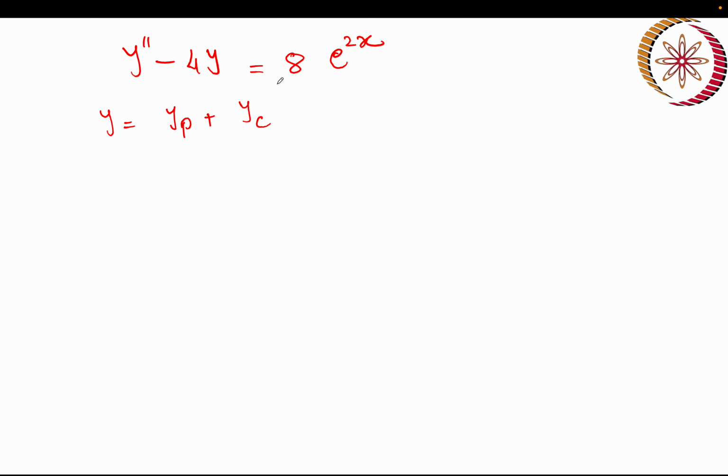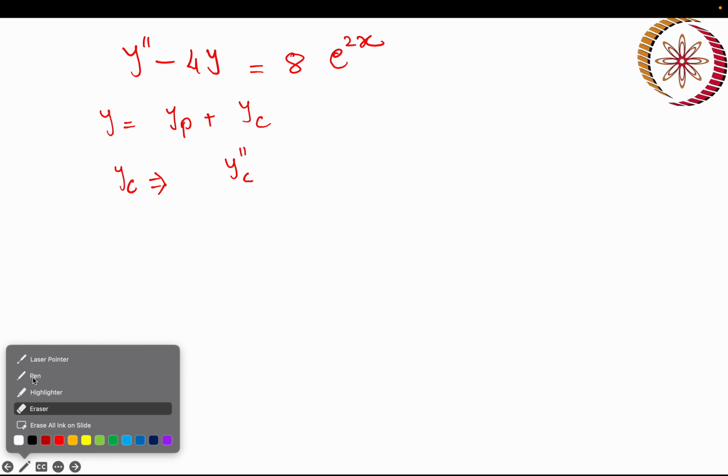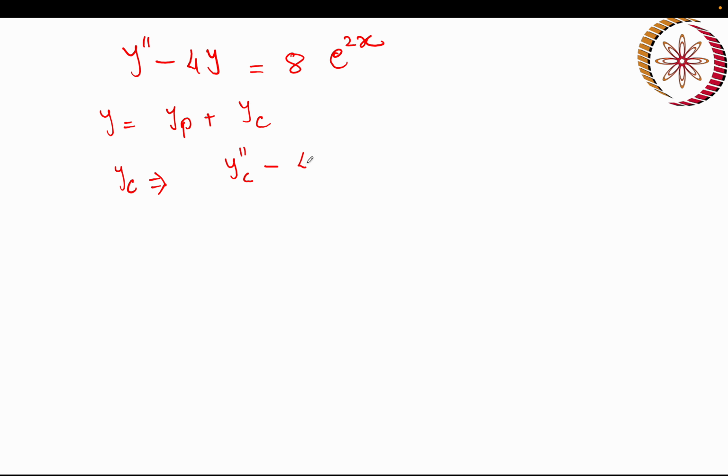Okay, so the solution will be y particular solution plus y complementary. We'll start with the complementary solution first. So y complementary, we will get from y double prime minus 4y_c is equal to 0. We'll again use the D notation, which is easier. So D square minus 4, y_c is equal to 0.